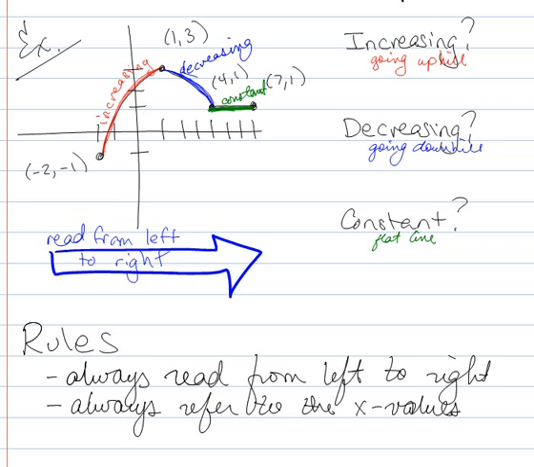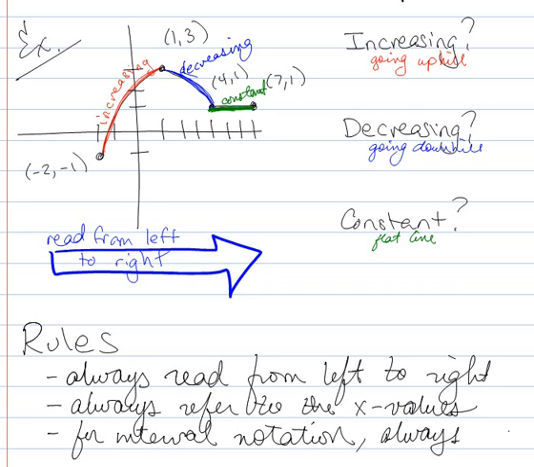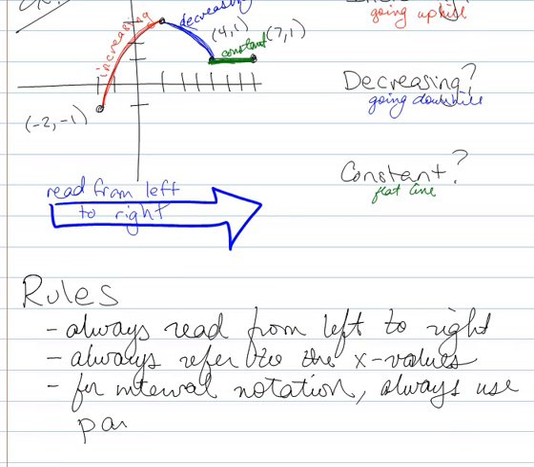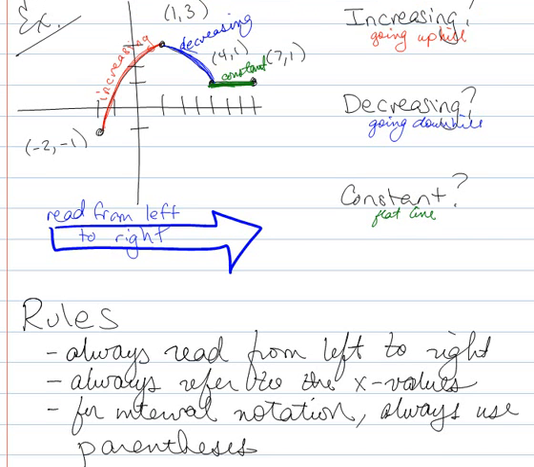And when we're talking about this, we're going to be using interval notation. So for interval notation, we're going to always use parentheses. We'll talk about why in a second. Whenever we're increasing, we're going uphill, and we're always going to refer to the x value. Since we're reading from left to right, we're reading along the x-axis.